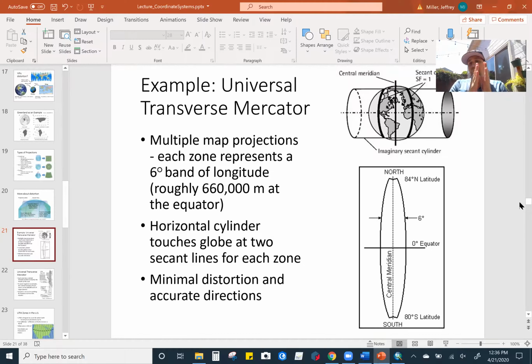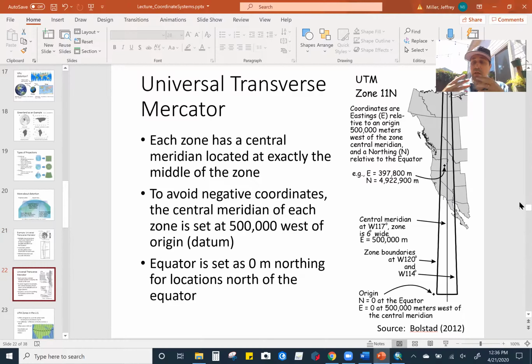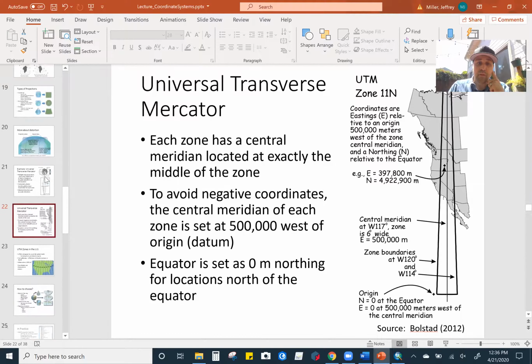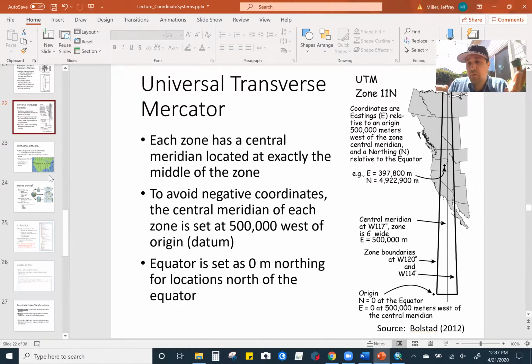Because we've broken these down into pretty thin slices, we end up minimizing distortion quite a bit, and much more accurate measurements can be derived from something like a UTM. It's commonly used in ArcMap and ArcGIS.